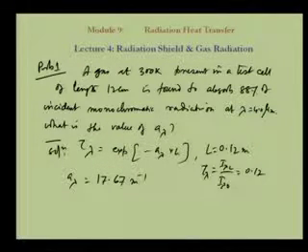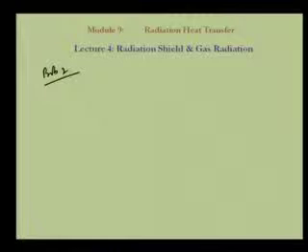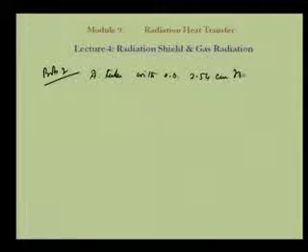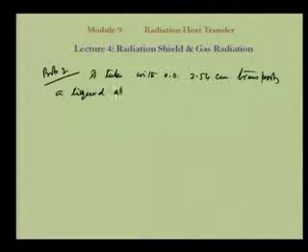Now, the second problem we will discuss is on radiation shield. Quickly we will say that a tube with OD, outside diameter, 2.54 centimeter transports a liquid at minus 190 degree centigrade.